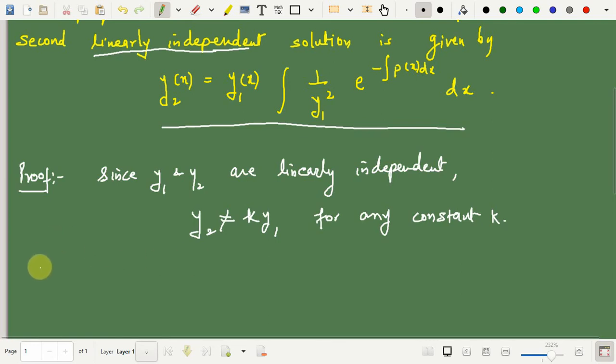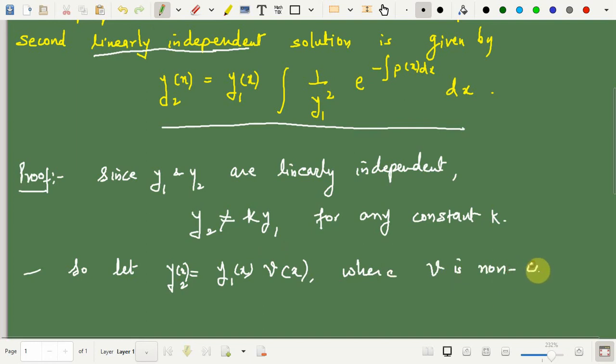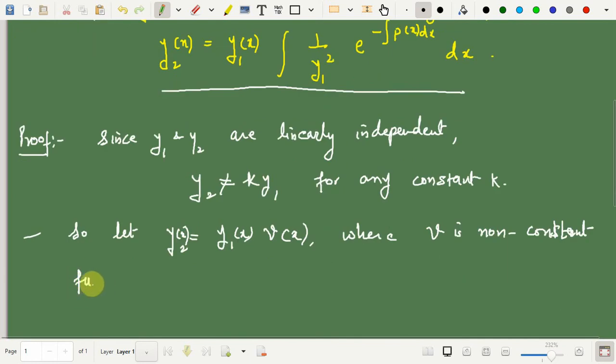So that's why we assume, let y2 of x be equal to y1 of x into v of x, where v definitely cannot be a constant, so v is a non-constant function of x, which we need to determine.